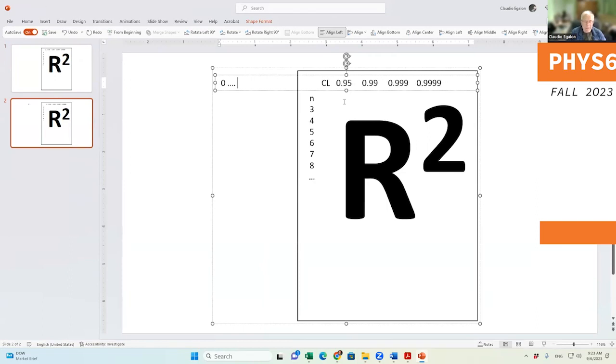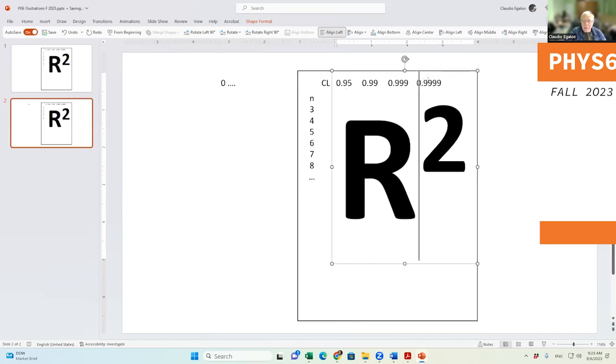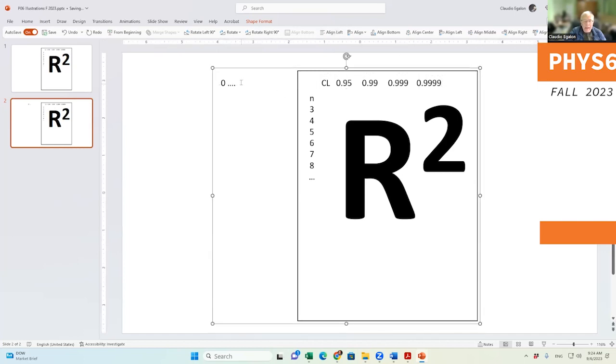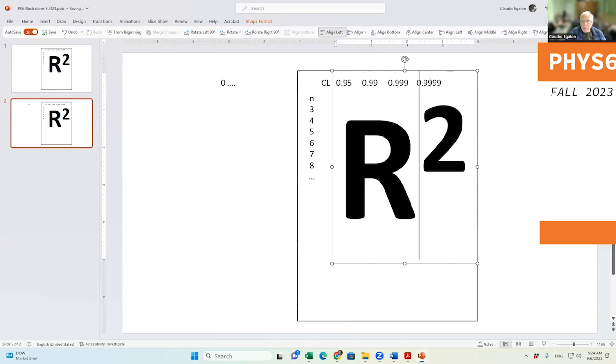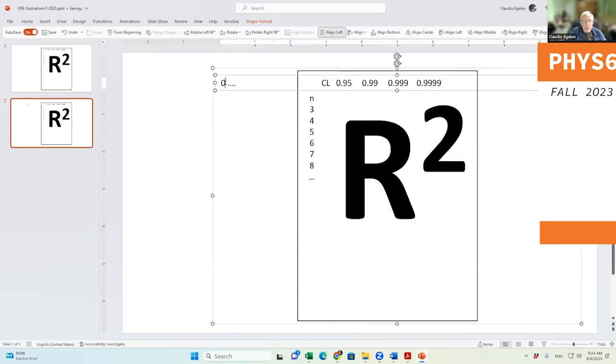Can you picture that? And similarly, at the extreme right of this table, I'm going to put 1, 2, 3, and you're going to have the number 1 here that corresponds to 100%. Can you picture that?